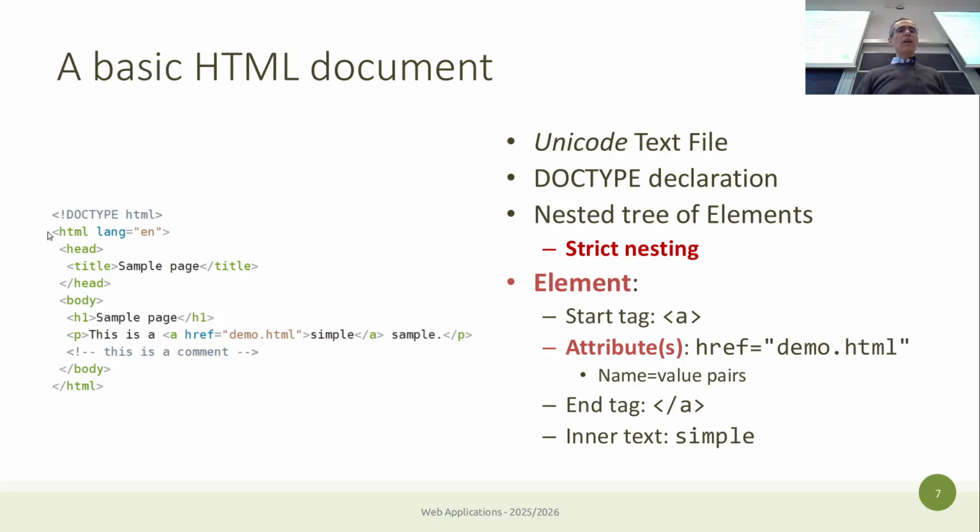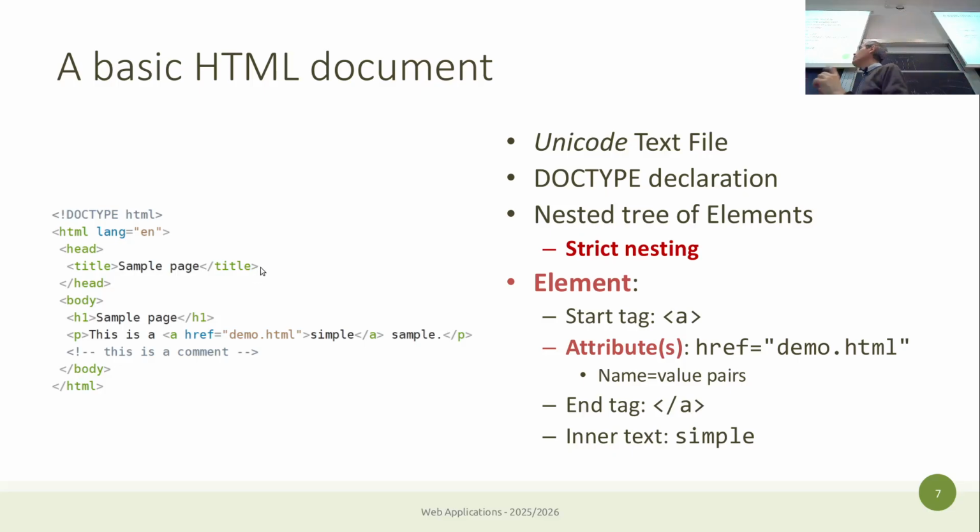Anyway. And then there is a tree, okay? A tree of text starting from HTML with 2 children, head and body, and each one can have other children, okay? Strict nesting, it means if you open a tag, you need to close it at a certain point. You see the syntax tag or /tag for closing the tag, okay?